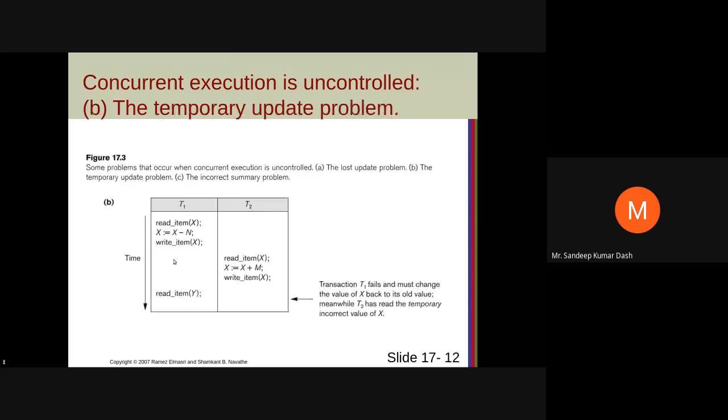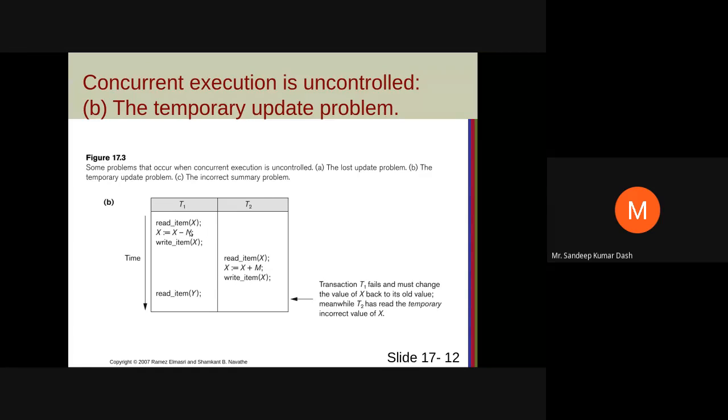There is another problem also, which is called the temporary update problem. Suppose T1 is reading the item data from the database, updating it, writing it. That means at the end of this, x will be 45.